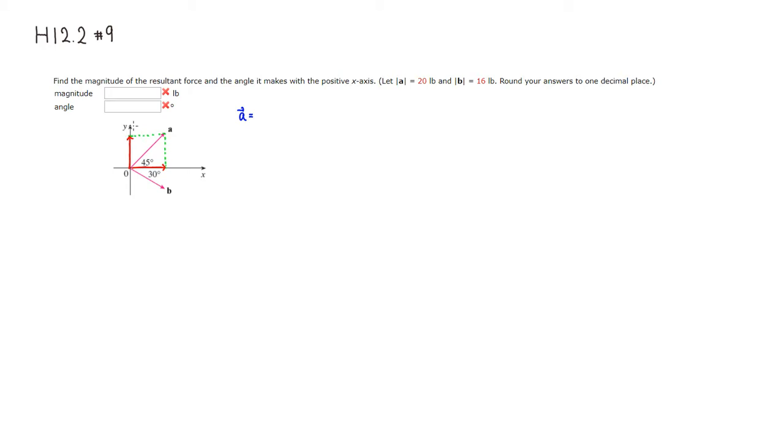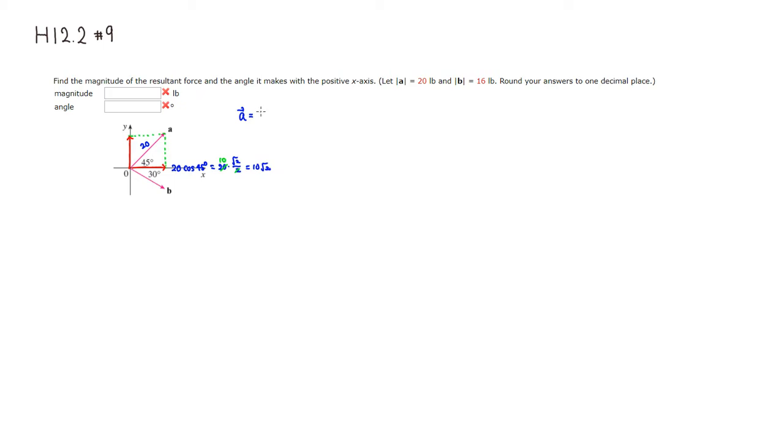In order to get the x component, this is 20 pounds here, so all you have to do is multiply by cosine of 45 degrees. So this is 20 times cosine of 45 degrees, which is square root of 2 over 2, right? So we can cancel the 2 and the 20, so it's 10 square root of 2.